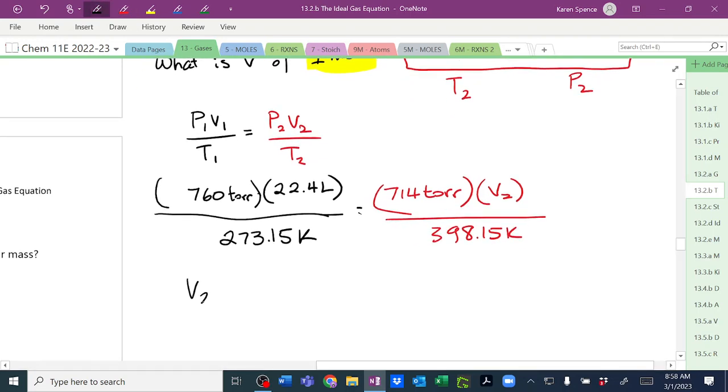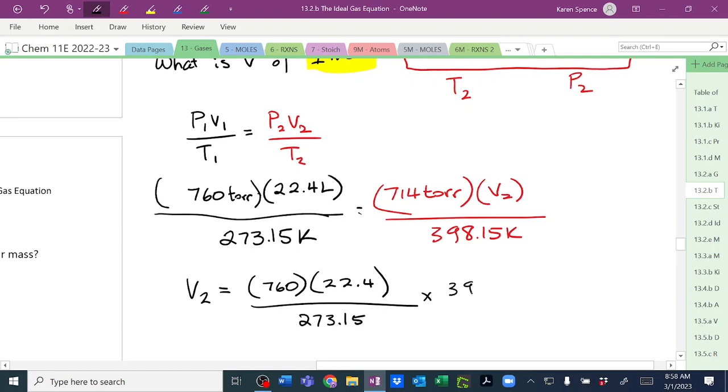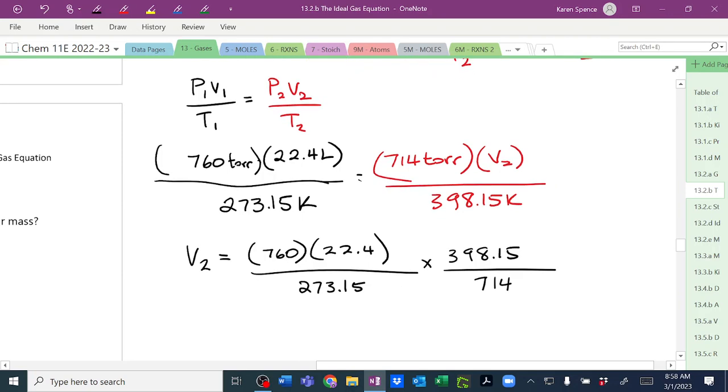So now V2 is going to be equal to 760 times 22.4 divided by 273.15 times 398.15 divided by 714, which is equal to 760 times 22.4 divided by 273.15 times 398.15 divided by 714 equals, and I got 0 because I pressed a number in there.